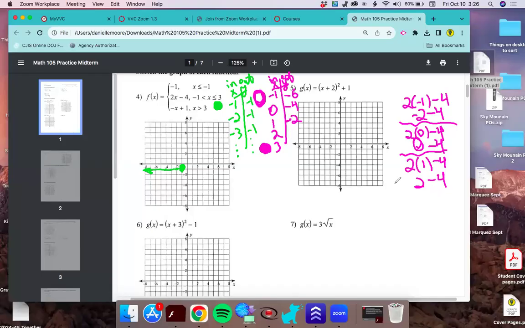We're on such a roll, I'm going to do these last ones. 2 times 2 -4, that's a cool one because it's 4, and then 4 minus 4 gives you a 0. And 2 times 3 is 6, minus 4 gives you a 2. Indeed, that's very good.